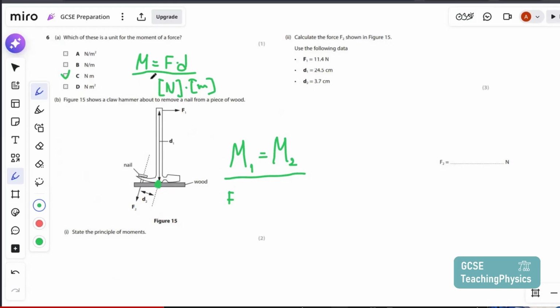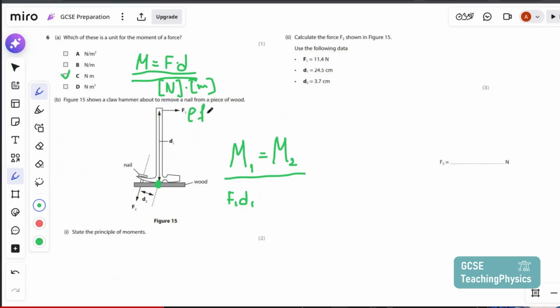Basically, if you know that the moment is calculated like this, then to find the moment of the first, with clockwise rotation, we just need to multiply F1 by D1. In our case, F1 is the force of the effort.